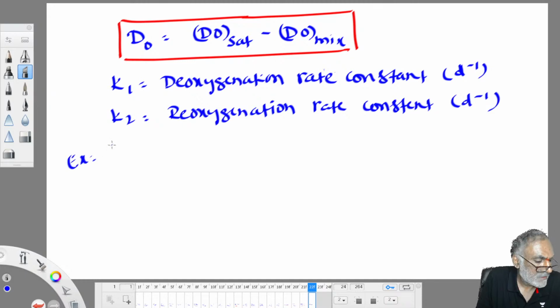Example 5, GATE 2020 afternoon session paper.